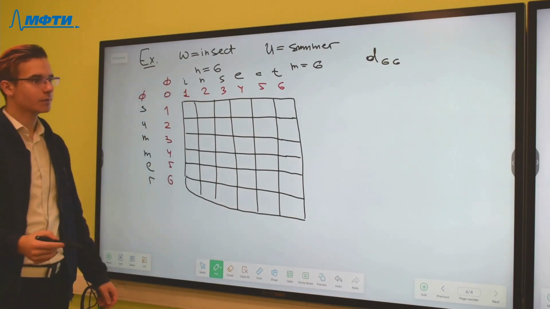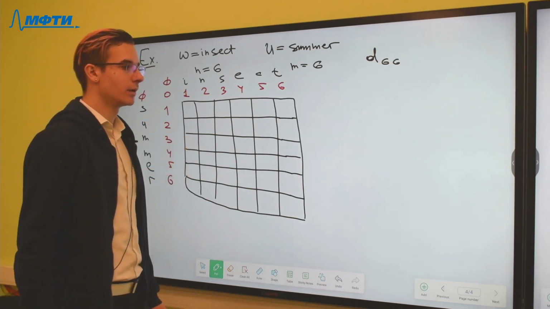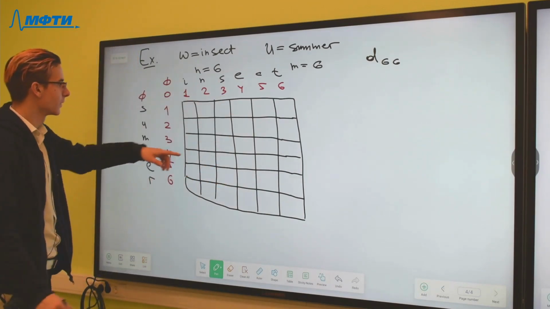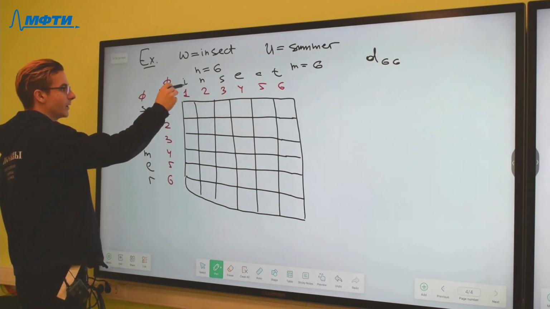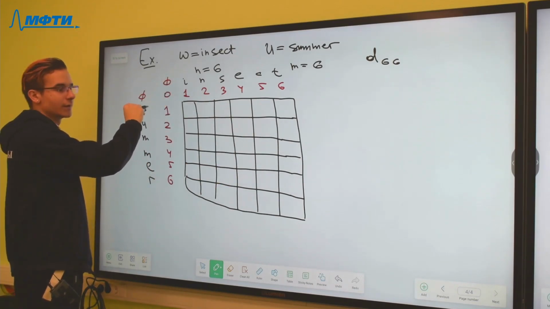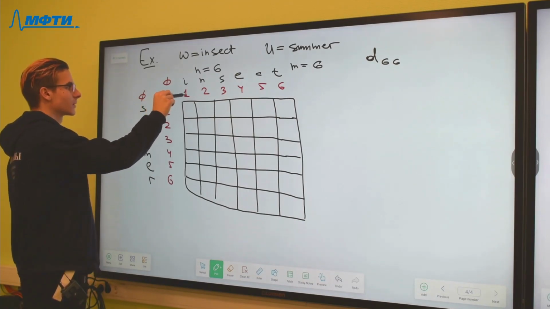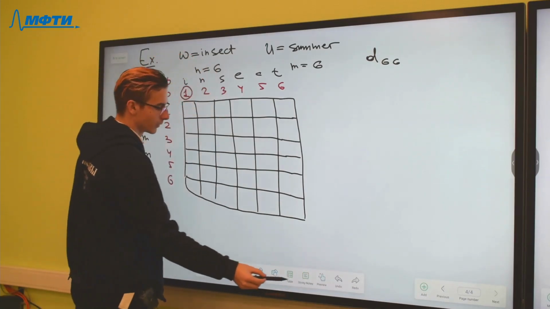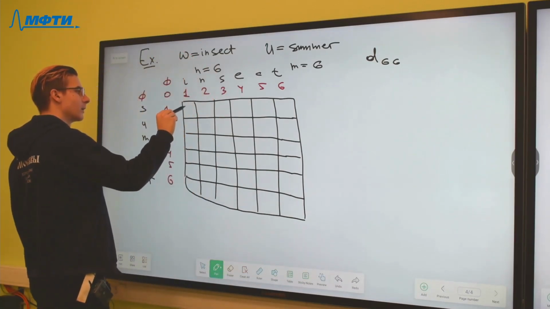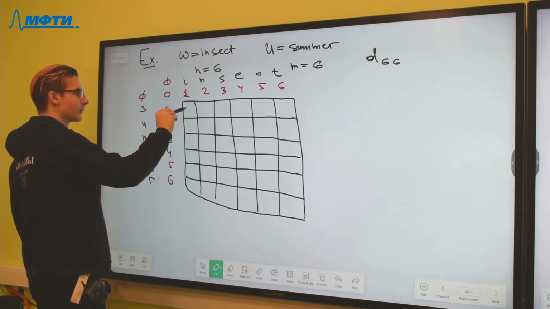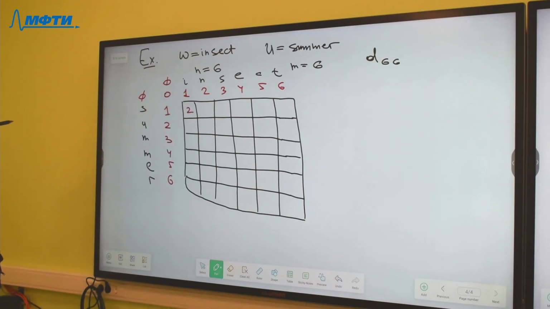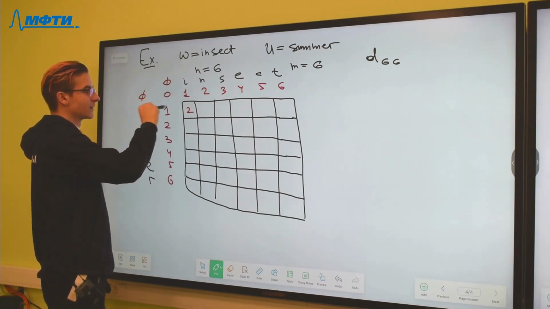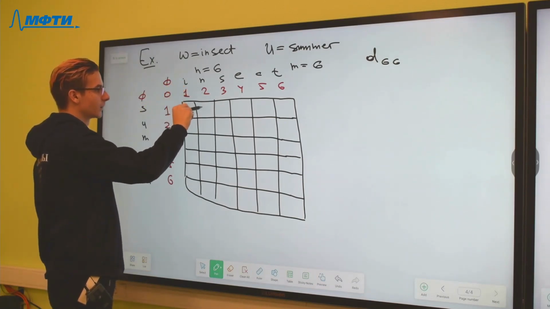And then we use this recursive formula to find these numbers in this matrix. Firstly, for example, here we compare E and S. We see that they are different, so we find the minimum of these two. It's equal to 1, and right here the minimum plus 1. It's equal to 2. Then we compare N and S. They're different, and right here 2, 3.